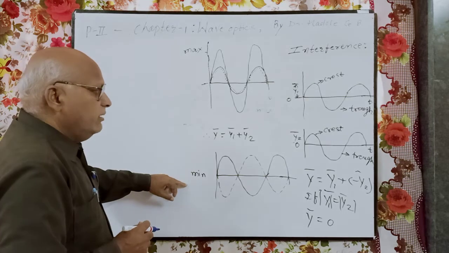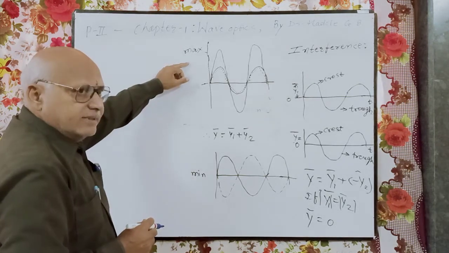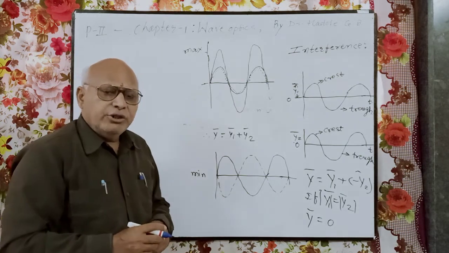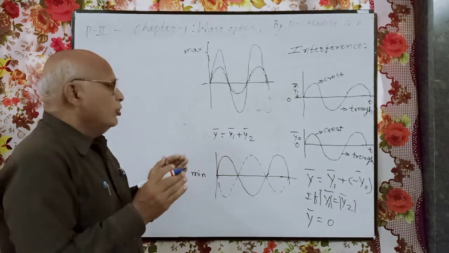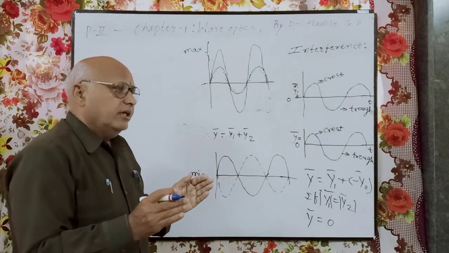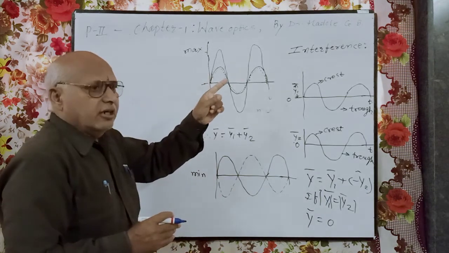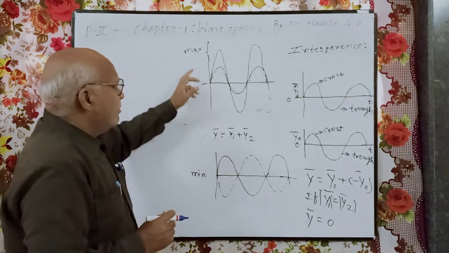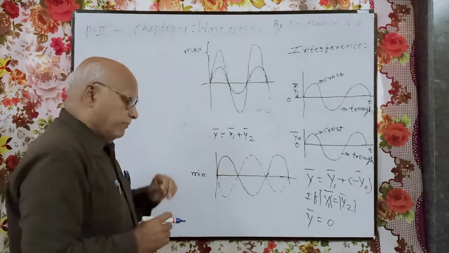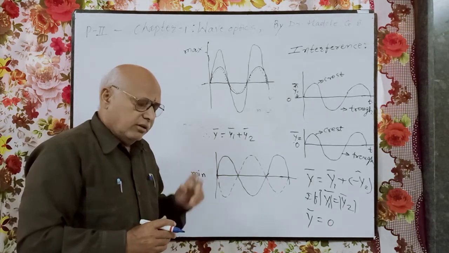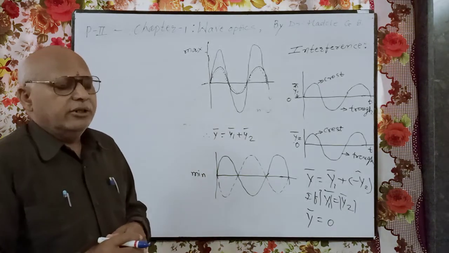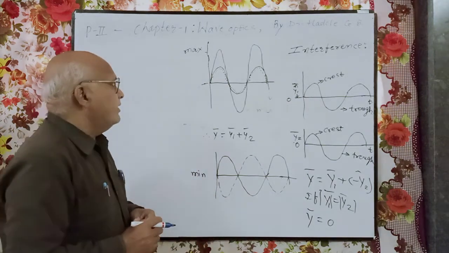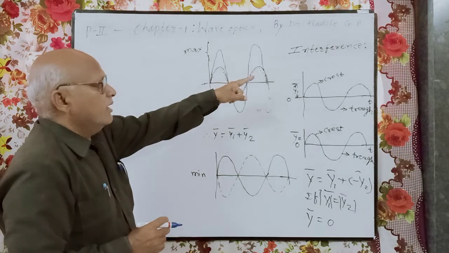And this phenomenon, formation of maximum or minimum intensity of light due to superposition of two or more waves, is called interference. Again, I will repeat, the formation of maximum or minimum intensity of light due to superposition of two or more waves is called interference of light.